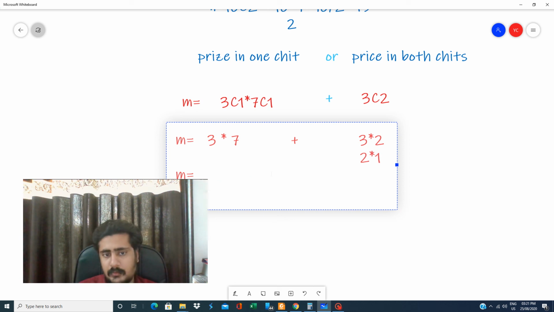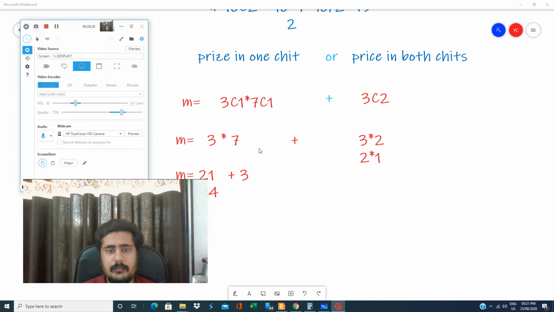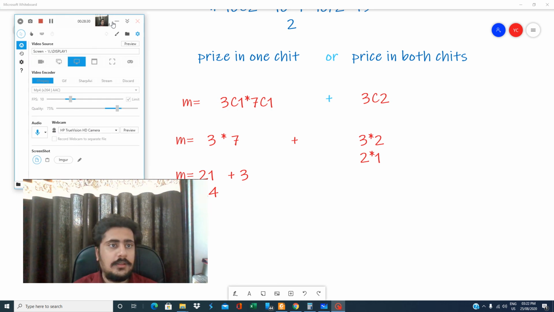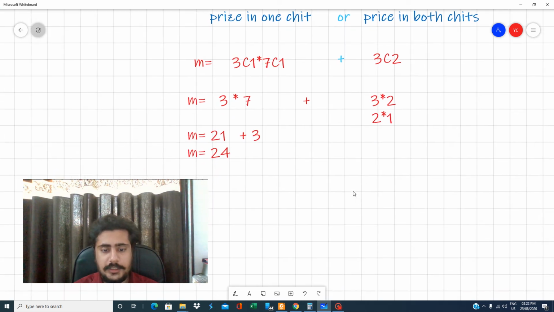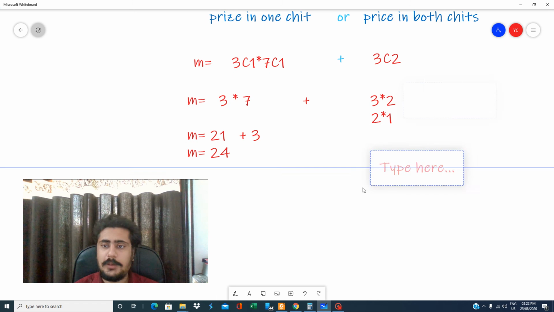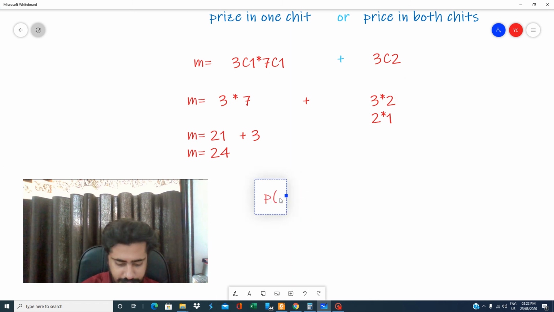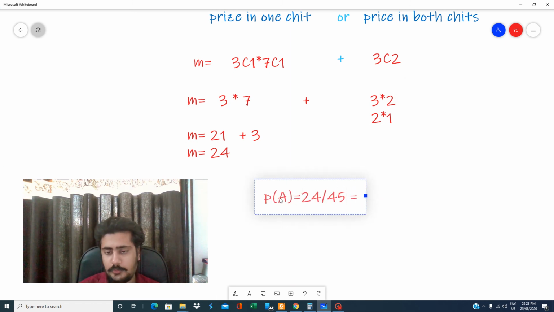So this is 21 plus 3, it's 24. So our answer is 24 and our probability will be 24 upon 45. 24 upon 45 is 3 eights are 24 and 3 fifteens are 45. So it's 8 by 15.